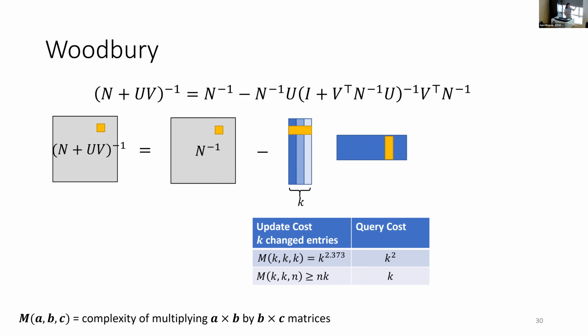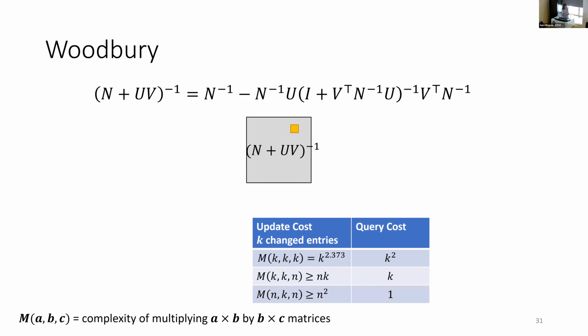On the other hand, your update cost gets a bit larger because you had to multiply the two matrices. So you had this k by k matrix, which needed to be multiplied with the k by n matrix. So you need to pay at least nk time. And another approach would be, all right, what if we just multiply these two blue matrices together as well? Then you pay even more during the update, right?